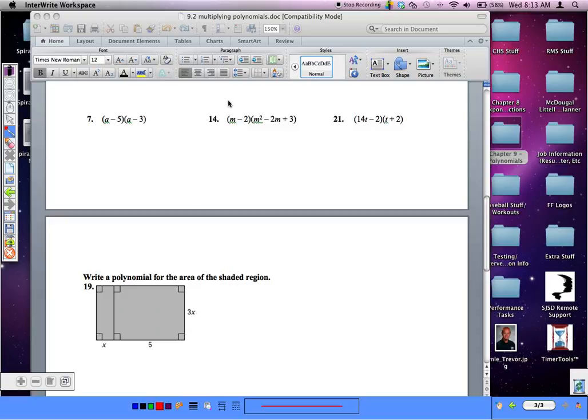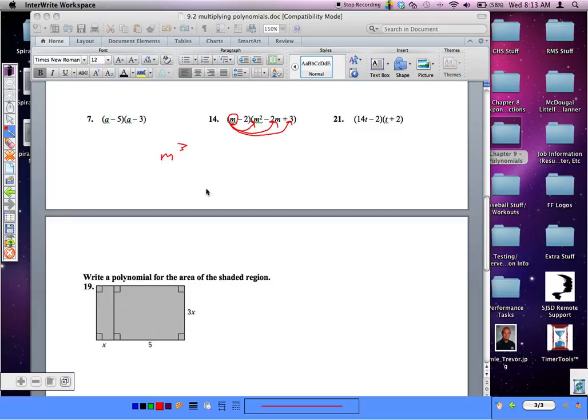Okay, we're going to start off with this first term. And we recall that the multiplication of polynomials is very similar to the distributive property. So we have to distribute this first term to all three terms in the other polynomial. So m times m squared would be m to the third.